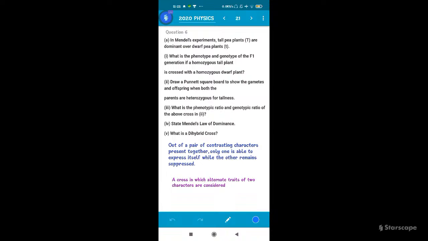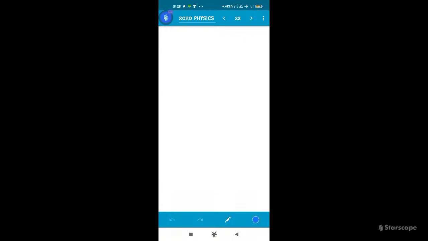So homozygous tall plant, that means capital T, and homozygous dwarf plant, that means small t. If they are crossed with one another, what will be the phenotype and what will be the genotype of the F1 generation? So let us make the cross.